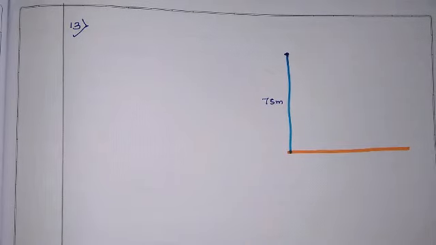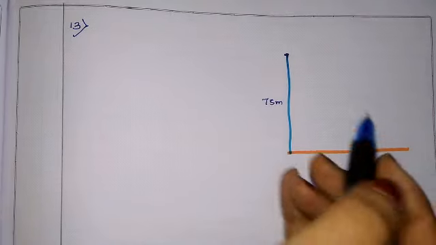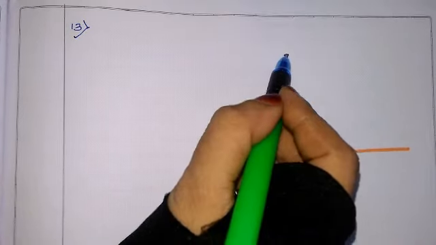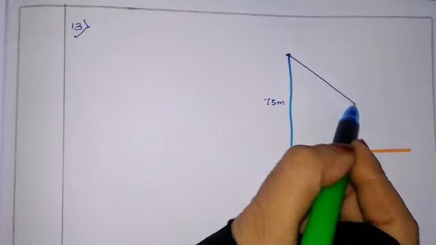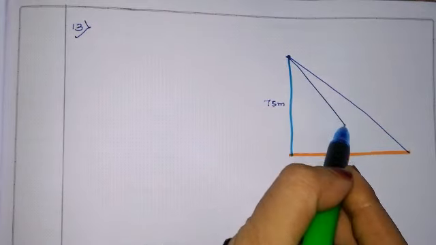From the sea level, the angle of depression of two ships are 30 degrees and 45 degrees. One is 30 degrees and one is 45 degrees.